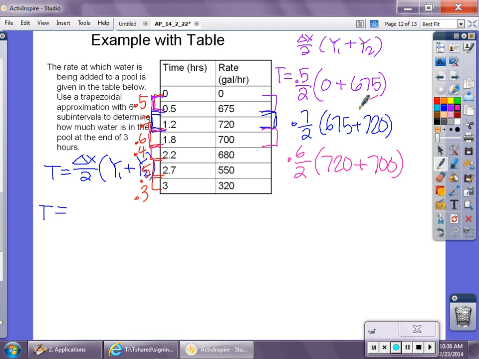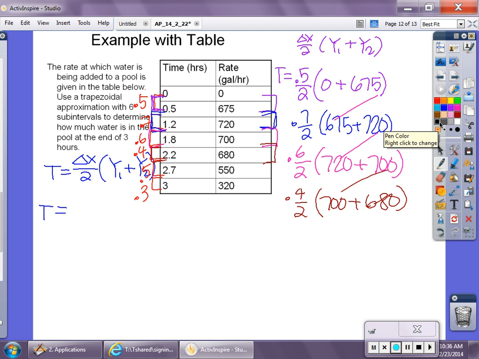And you can check if you're doing this right, because these should always be the same if you're going in order. Next one is 0.4. And then these two would be 700 and 680. Right? This one is 0.5. This guy is 680 and 550.